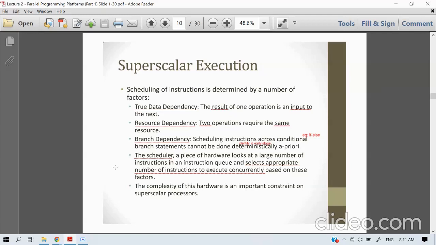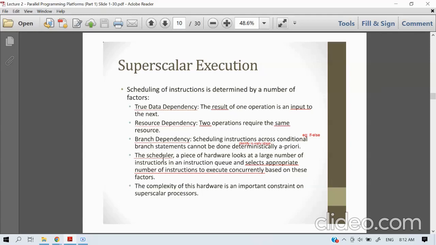And then the scheduler. What is meant by scheduler is a piece of hardware that looks at a large number of instructions in an instruction queue and selects an appropriate number of instructions to execute concurrently based on the three factors that we have discussed. That is the function of the scheduler. It will choose which instructions can be executed concurrently according to the three factors that have been analyzed.